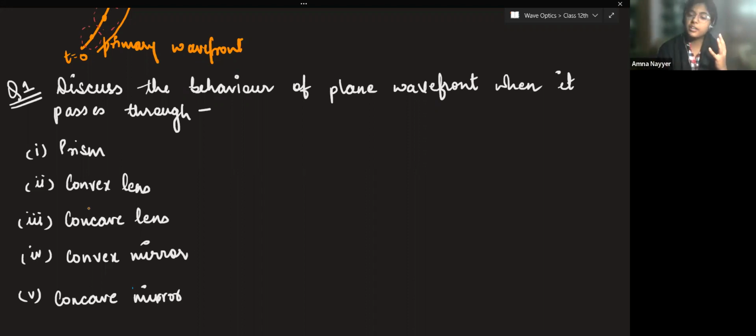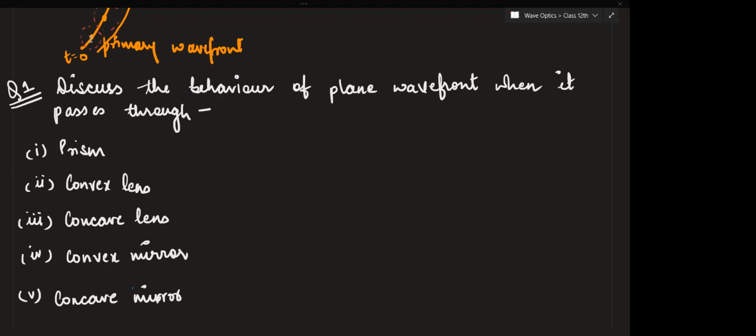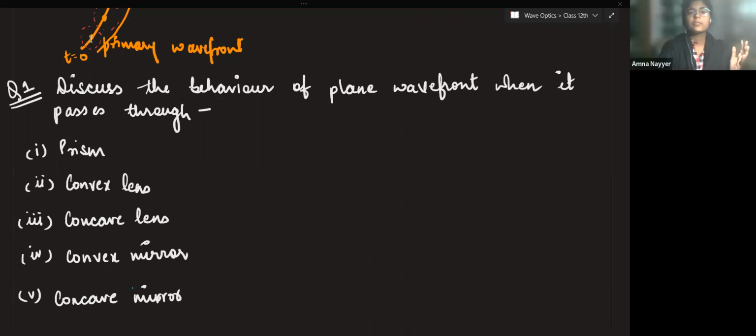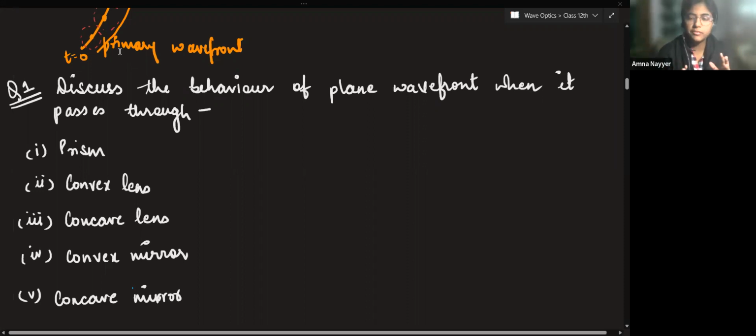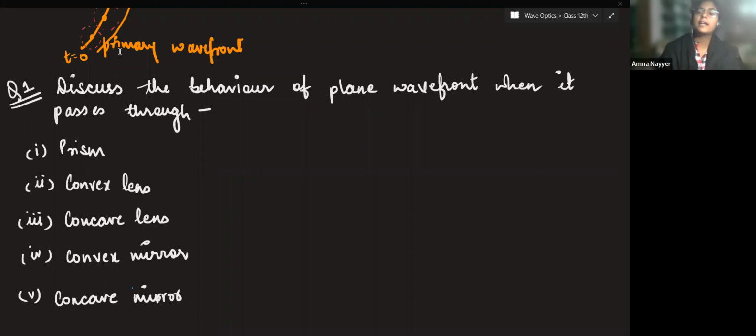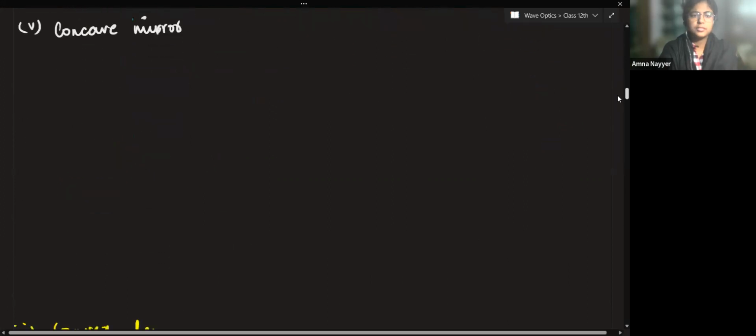It means the wavefront that is provided to you, this is already given, this is a plane wavefront. So plane wavefront is present, prism is present. Now, how Huygens' principle will be applied in this, that you have to see. So let us see the first part.